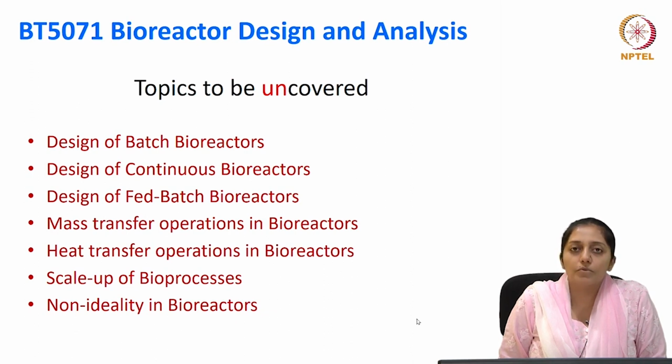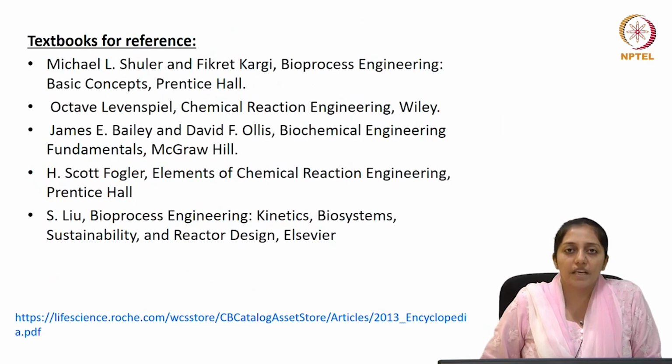Then we'll go on to study the heat transfer operations in bioreactors, scale up of bioprocesses, and then we'll end up with some introduction on the non-ideality of bioreactors and how to handle it in practical situations. These are some textbooks for your reference. You can go through them after the lecture.